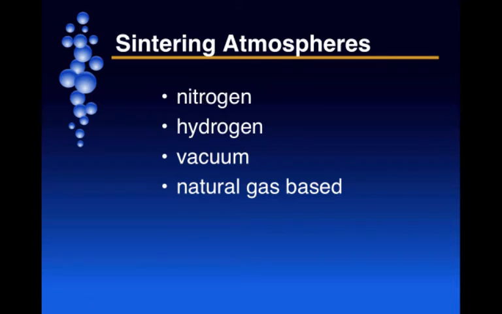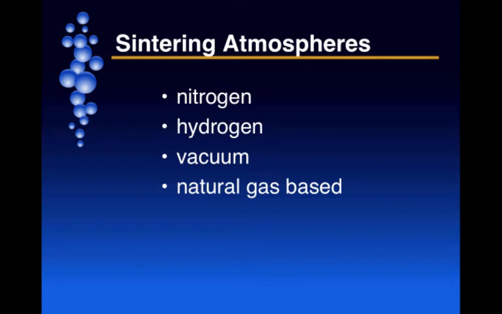Typical atmospheres include an inert atmosphere. Nitrogen or argon are good examples. Reducing atmosphere, it could be hydrogen or natural gas based, or it could be dissociated ammonia, so a mixture of nitrogen and hydrogen. Or you could have vacuum as typical sintering atmospheres.